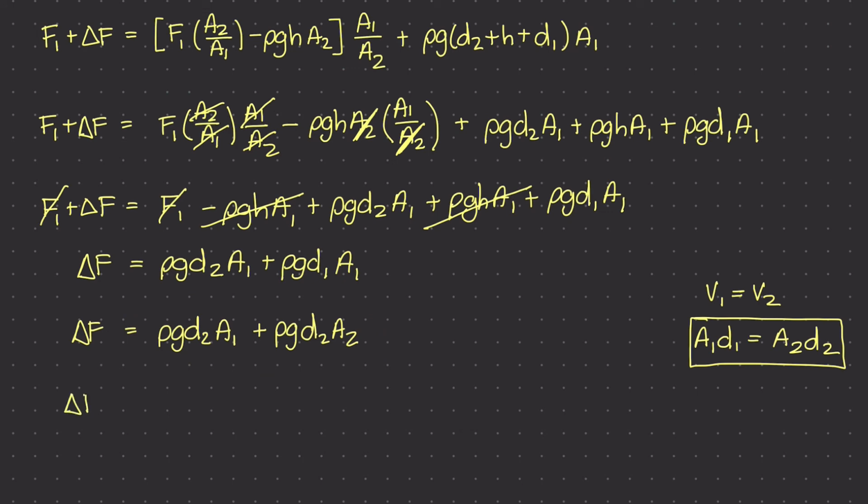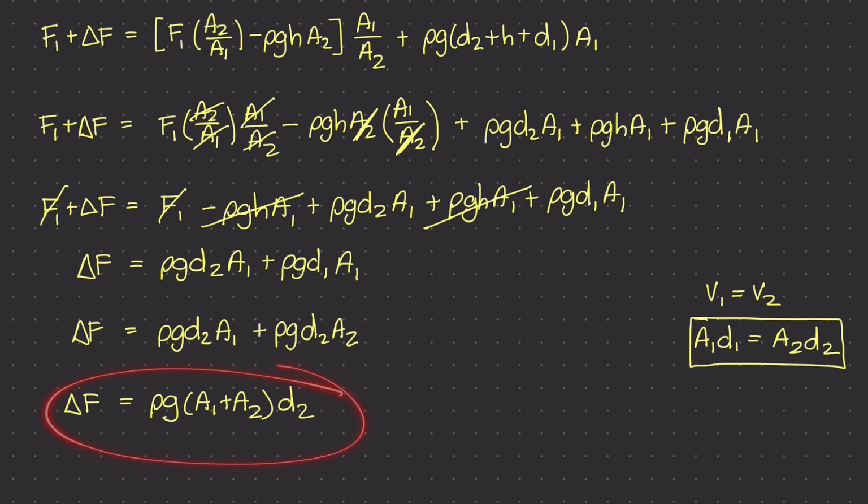That will leave us finally with rho G times A1 plus A2, times D2. This equation is just a simplified version of the one before. So there we go, we finally did it. It took us two videos, but we finally figured out the additional force we need to apply to F1 in order to raise piston 2 by an amount of D2.